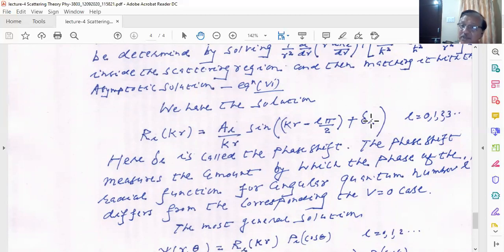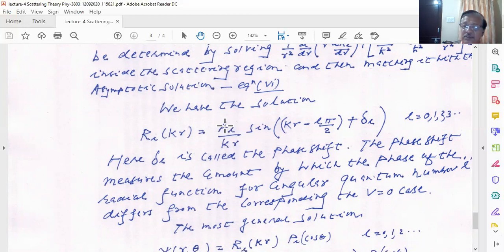The incident particle experiences the potential, and because of this interaction there occurs a phase shift in the radial part of the Schrodinger wave equation. We will now find the value of the phase shift, and we will find the constant A L for orbital quantum number L for the case where V is not equal to 0.